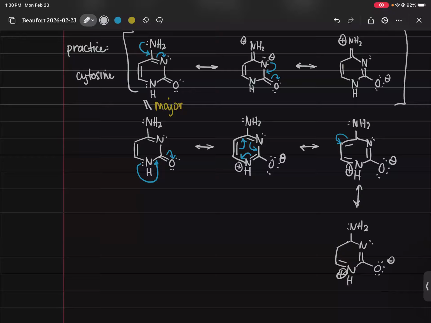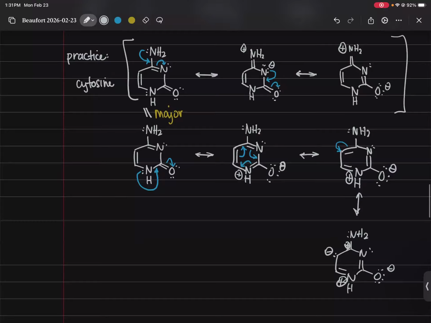Positive charge there. So we now have a lone pair and a negative charge here. We now have a positive charge on that carbon. So this is kind of a disastrous structure, not because we've broken any hard and fast rules, but because we've now created two sets of positive and negative charges.